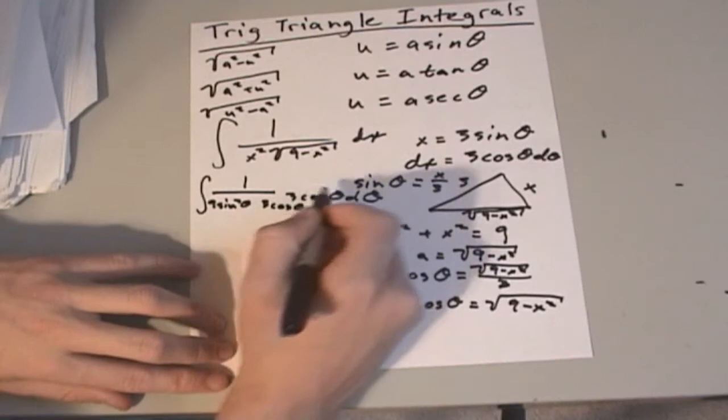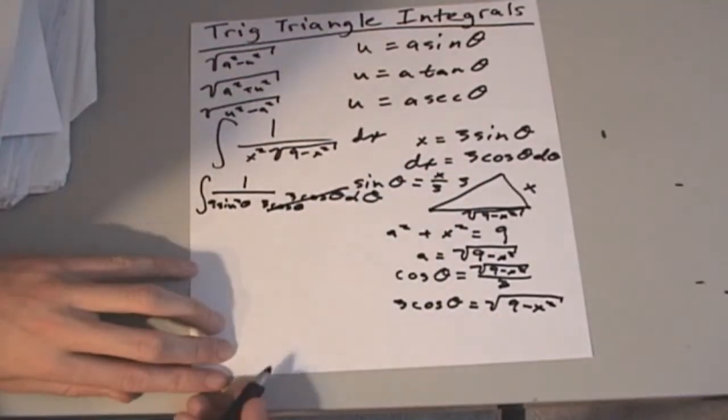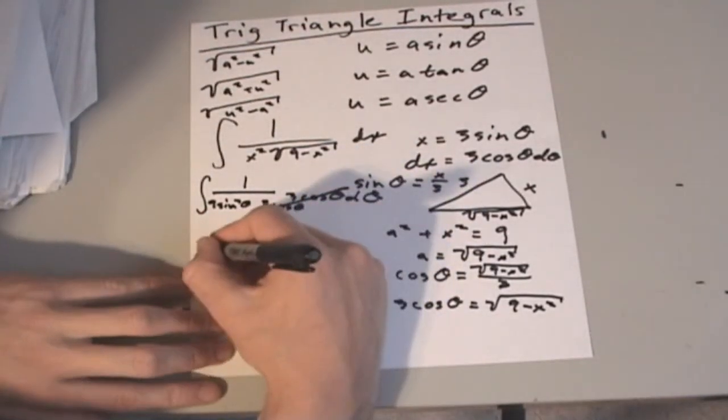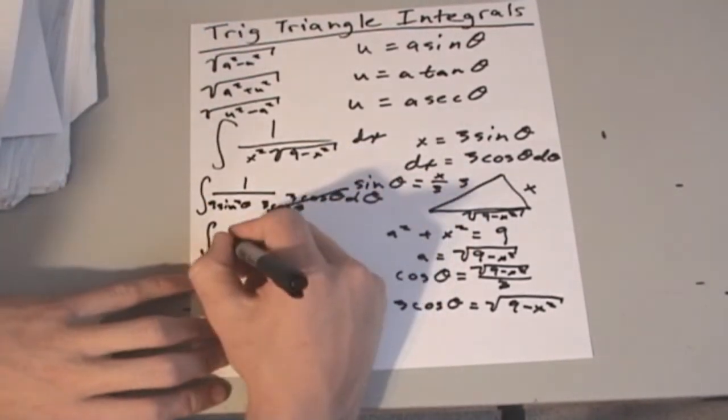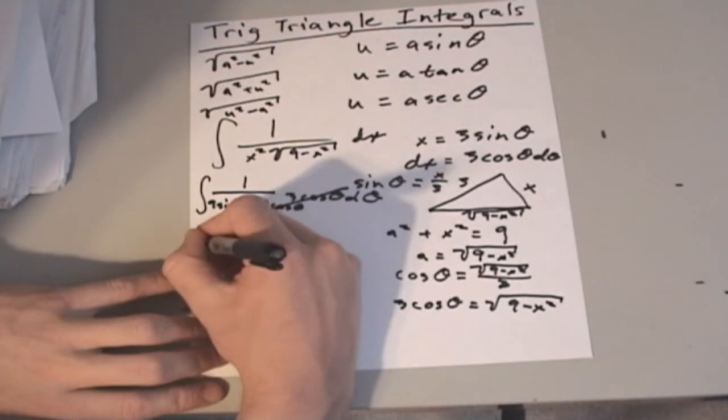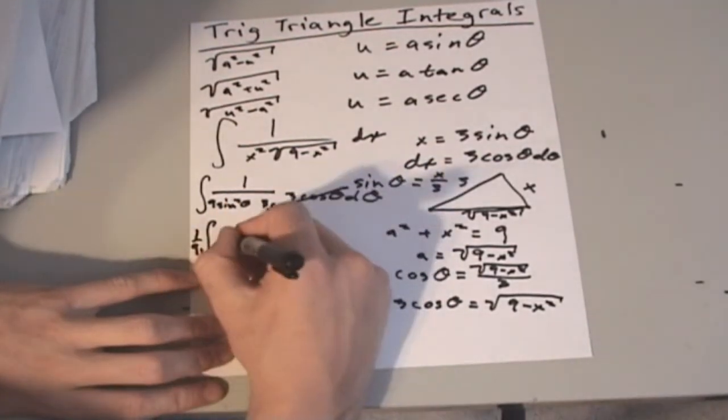Okay? 3 cosine theta cancels out, so we are left with the integral of 1 over sine squared, which is the same as cosecant squared. So we can bring the 1/9 out front.